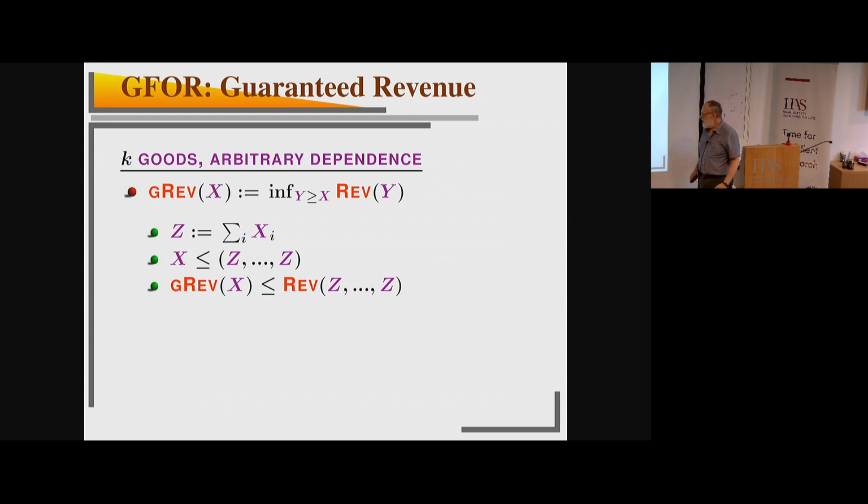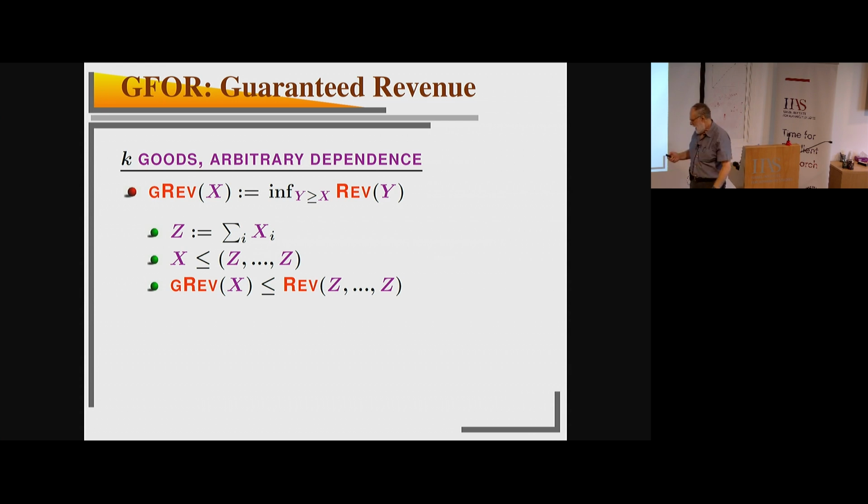Okay, now, what is rev of ZZZ? ZZZ is a valuation that lives on the diagonal. There is a probability distribution on the diagonal, right? That's what ZZZ means. And now, that means it's a one-dimensional problem, where essentially you are getting points there, you are getting 7, 7, 7, 7 with some probability, 8, 8, 8, 8, 8 with some probability, and so on.